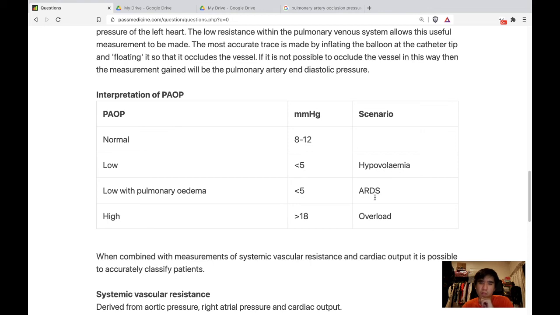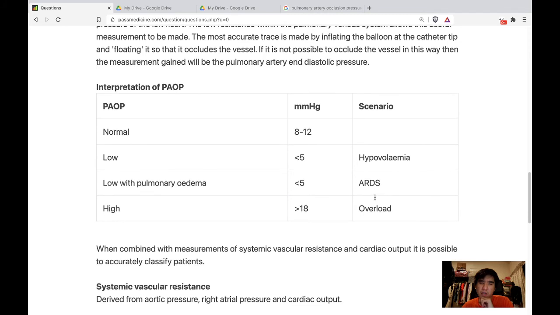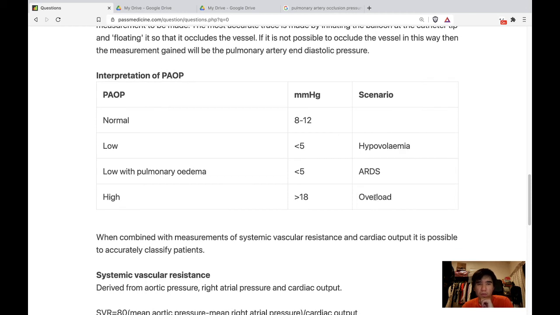Probably it's low because the alveolar capillaries are leaky. As you leak blood out, you decrease pressure in that area, and after you wedge the pulmonary artery, yeah. If it's high, the scenario is overload, usually finding more than 18.